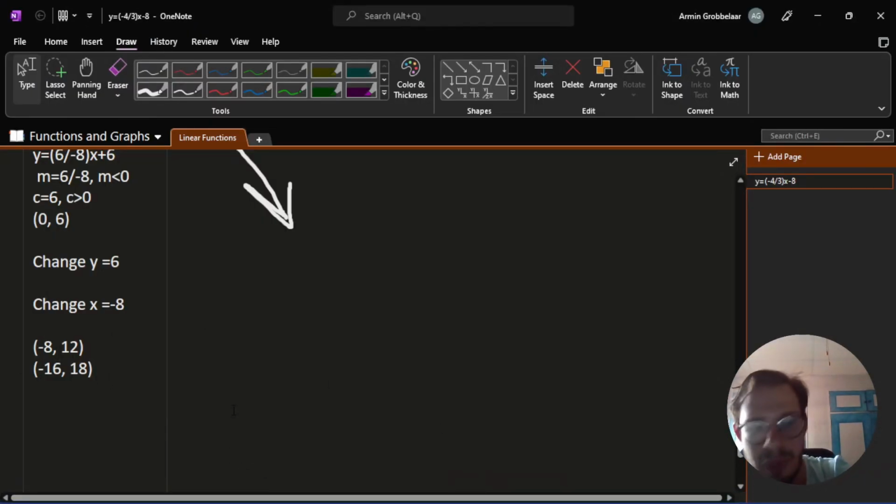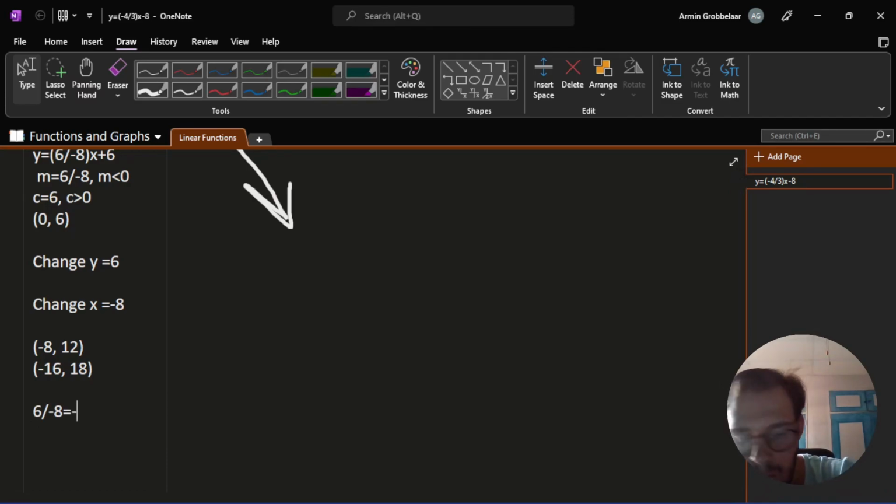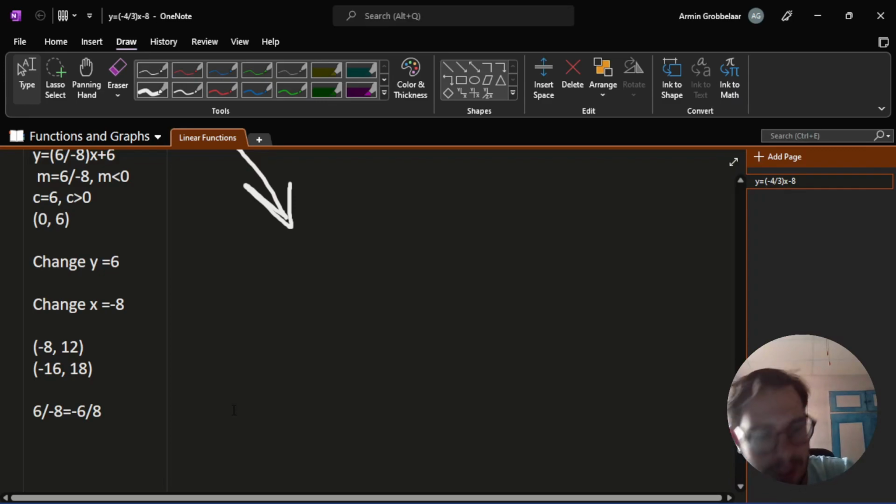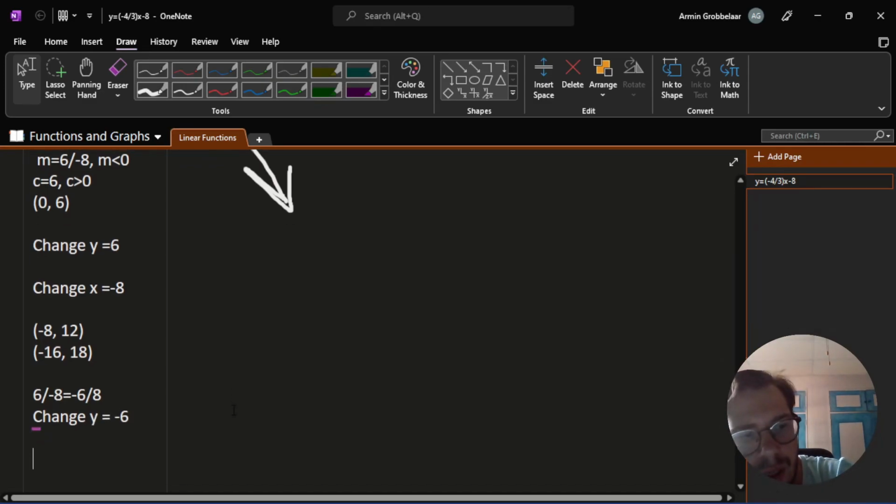But remember that 6 divided by minus 8 is equal to minus 6 divided by 8. So what we can say is the change in y is equal to minus 6, and the change in x is equal to 8.